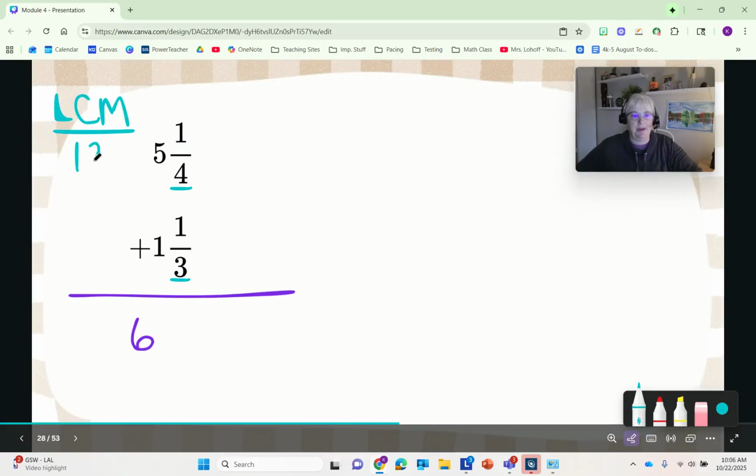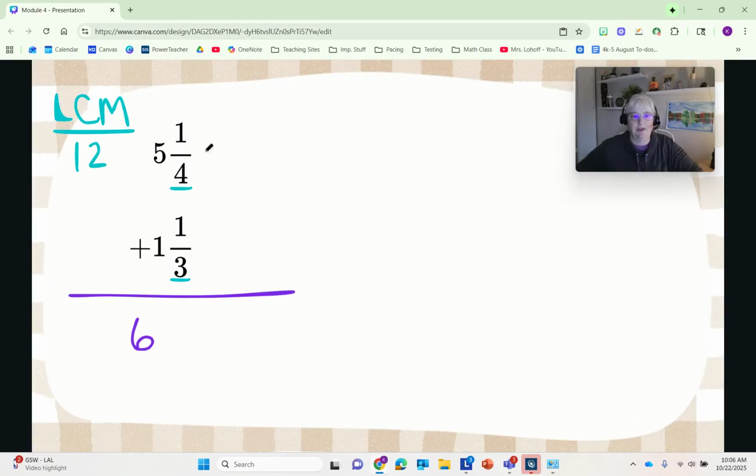All right, let's put it into our fractions. Least common multiple is 12. So we're going to change this fraction to be in 12ths. And we're going to change this fraction to be in 12ths. To go from 4 to 12, we multiplied 4 times 3. Have to do the same thing to the top. 1 times 3 is 3. All right, bottom fraction. We went from 3 to 12.